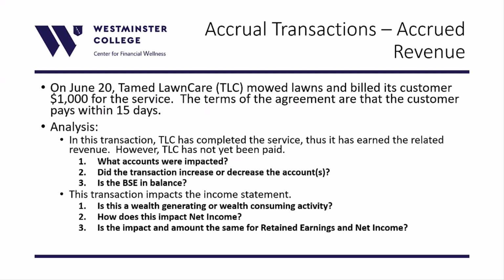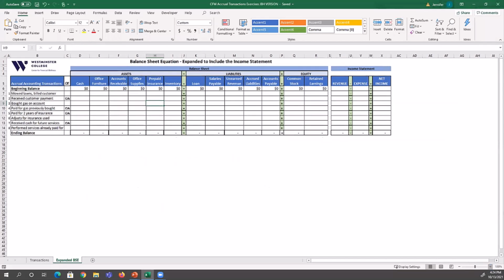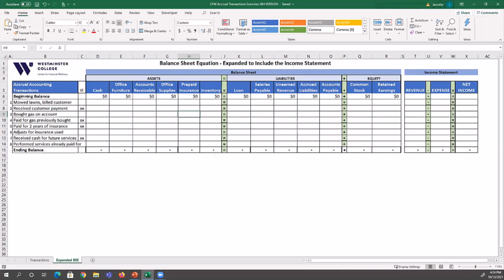Using our balance sheet equation, I'm going to flip over to that screen for you. Let's make that a little bit bigger, shall we? All right. So TLC earned the revenue, so we know that retained earnings is going to be impacted, if you remember from our last lesson.